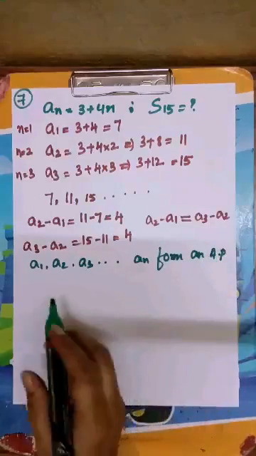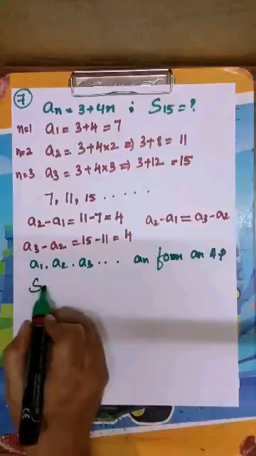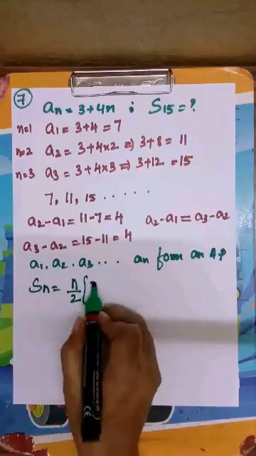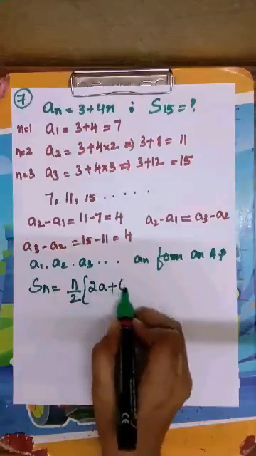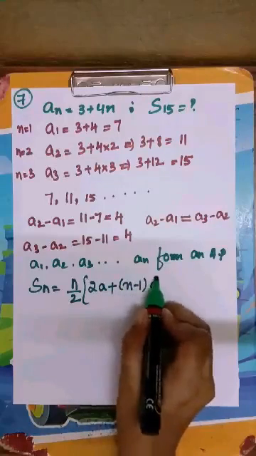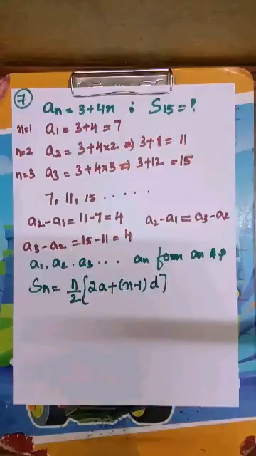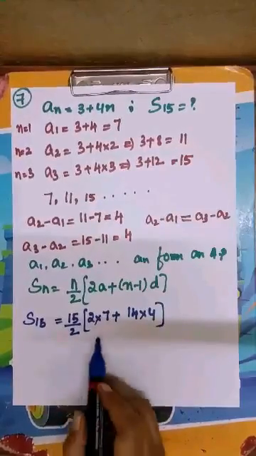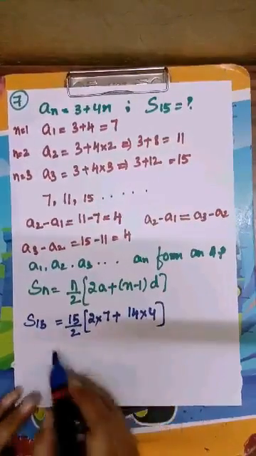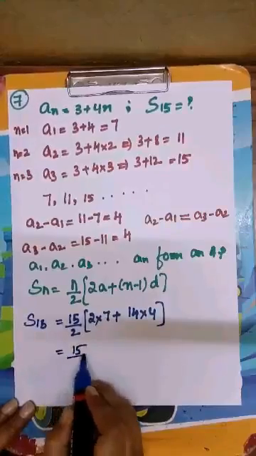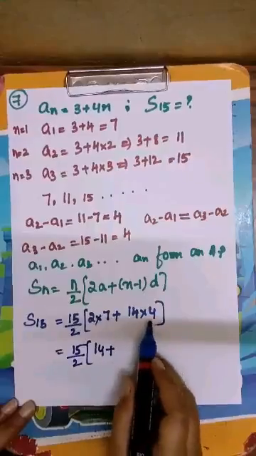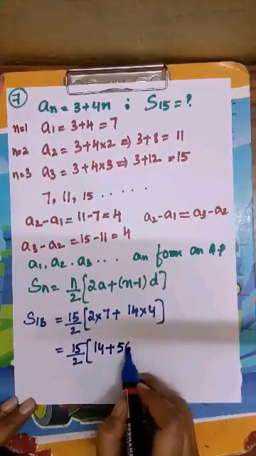Now next we have to find S15. To find S15, first put the Sn formula. Sn is equal to n by 2 into 2A plus n minus 1 into D. 15 by 2 into 2 into 7 plus 14 into 4. That is 15 by 2 into 7 2s are 14 plus 14 into 4 is 56.